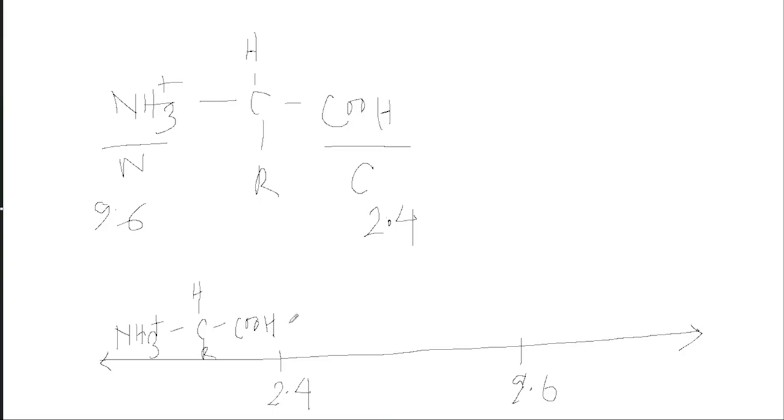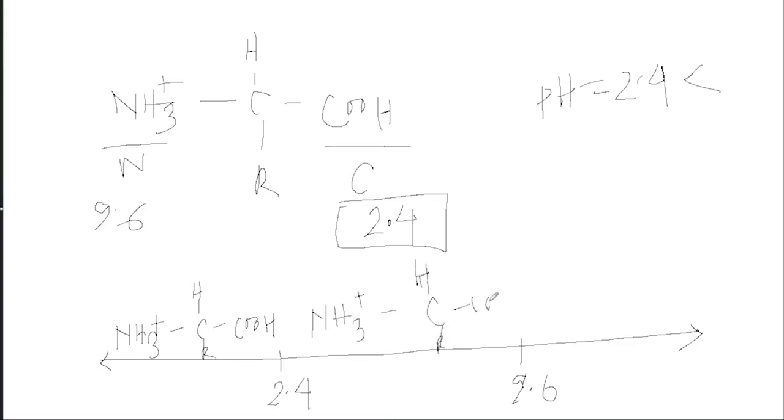When it reaches a pH of 2.4, which is the same as the pKa of the carboxylic group, if the solution reaches this pH or greater than this pH, the carboxylic group will lose its hydrogen. It will be deprotonated. So the dominating form will be NH3 plus, CH, side chain, COO, and so it loses the hydrogen, right?